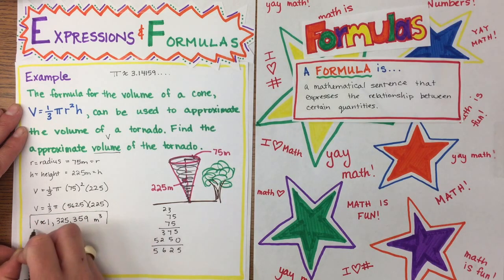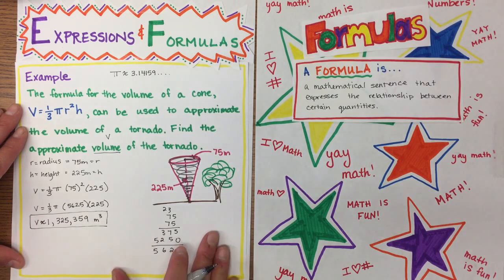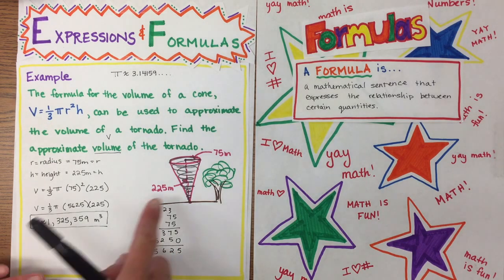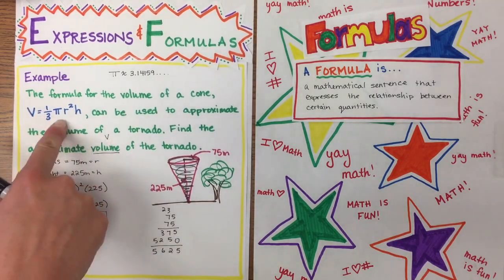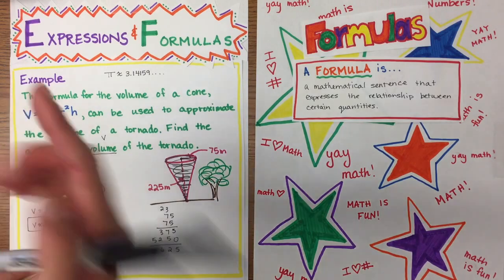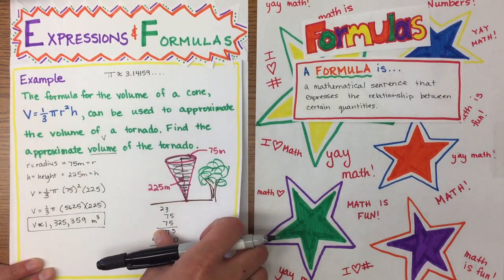So the approximate volume of the tornado is 1,325,359 cubic meters. That's based off of identifying the values for variables in my formula, substituting and solving.